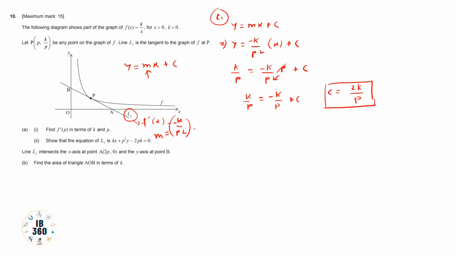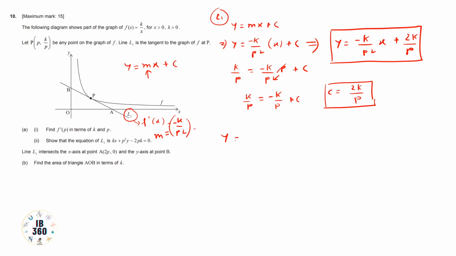So now from here we can write the equation is y equals to minus k by p square x plus 2k by p. Now we just have to match it with the given equation. As you can see, bringing all on the left side, y plus k by p square x minus 2k by p equals to 0.